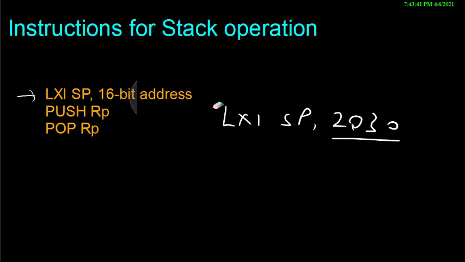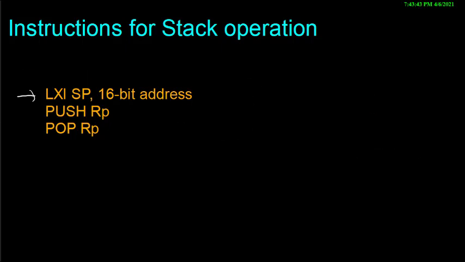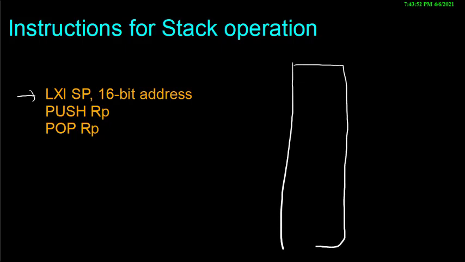But it is good practice to initialize the stack at the highest available memory location. What do we mean by that? In case of 8085, we have memory locations starting from 0000 to FFFF. FFFF is the highest available memory location.